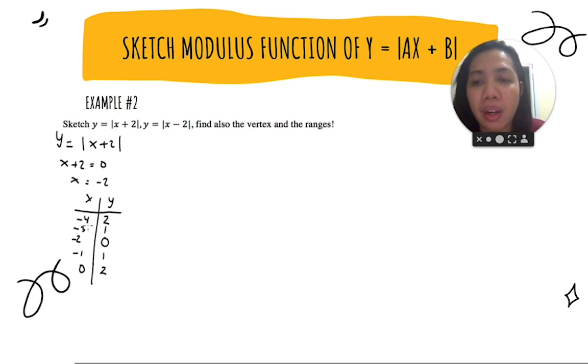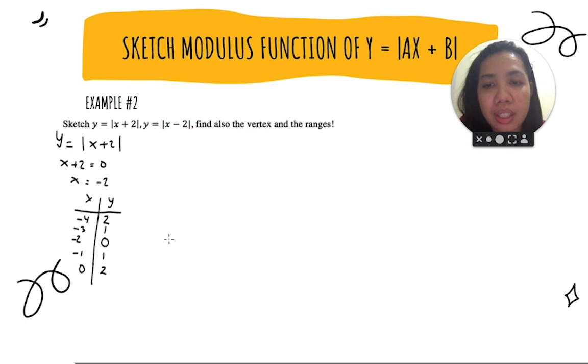Now let's plot these points. We have minus 4, 2; minus 3, 1; minus 2, 0; minus 1, 1; and 0, 2. Let's plot these points into the Cartesian diagram. First, the vertex, minus 2, 0. So this is minus 1, this is minus 2.